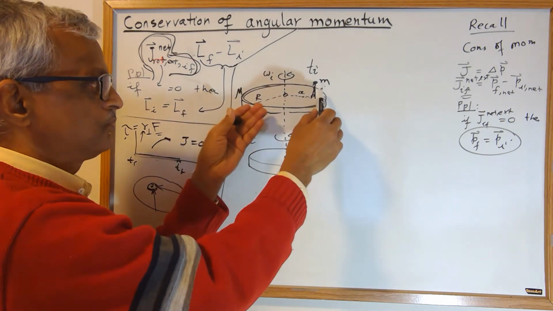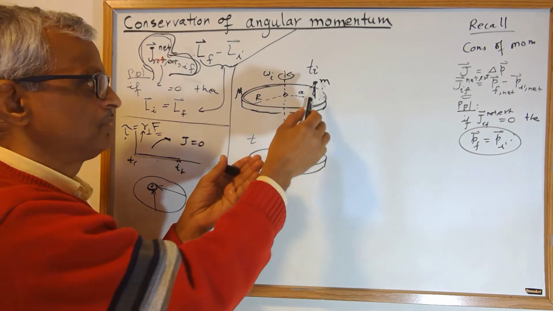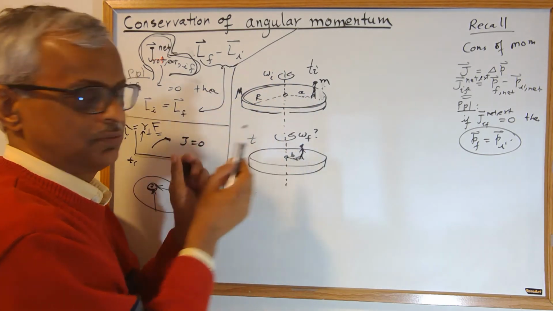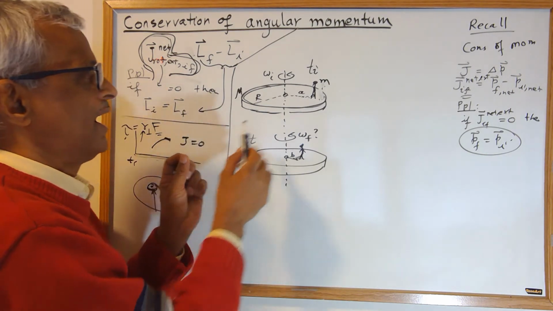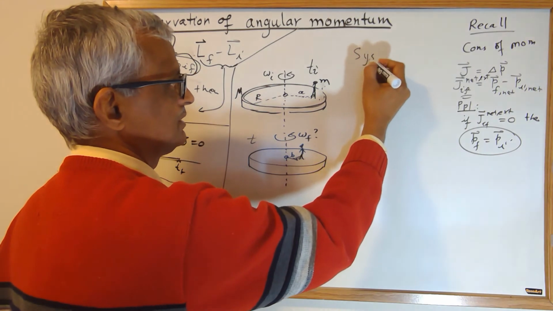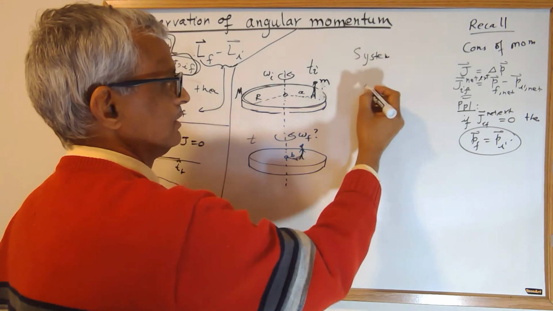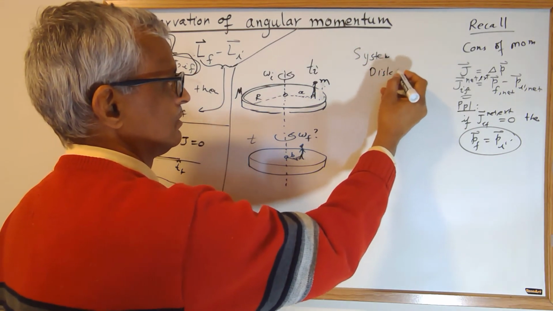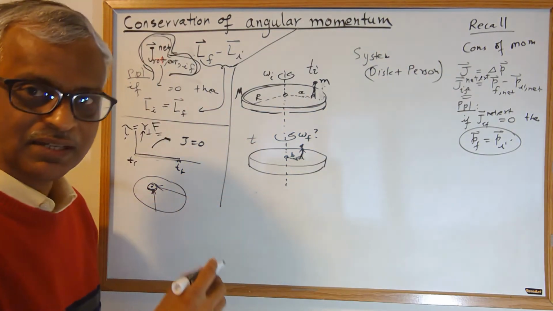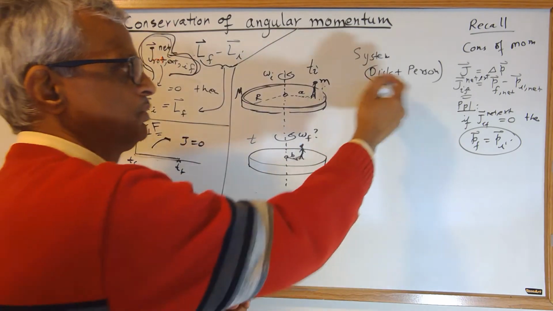So there is a force, and there may be torque from him onto the disc, and there is a torque from the disc onto him. However, we'll take it together. So we say the system is the disc plus person. This together is kind of like a collision problem, right? So you have two systems.